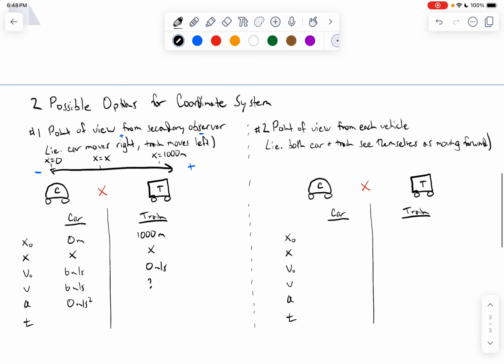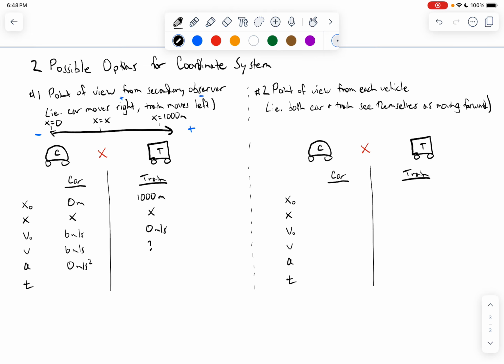All right, so because we're accelerating to the left, we're getting faster in the negative direction. That's going to result in us having an acceleration that's a negative value. So we'll have negative 0.3 meters per second squared.